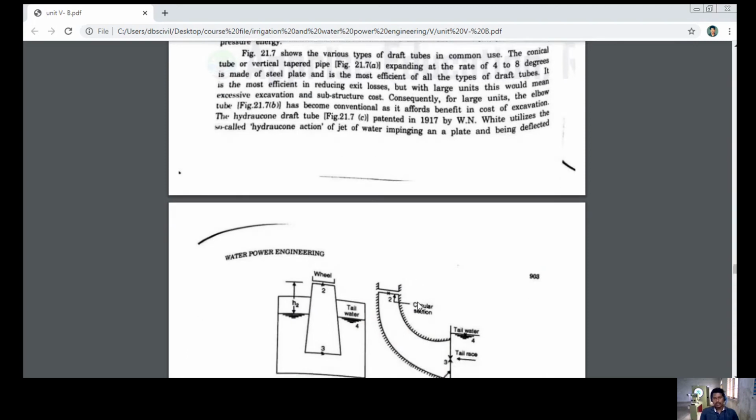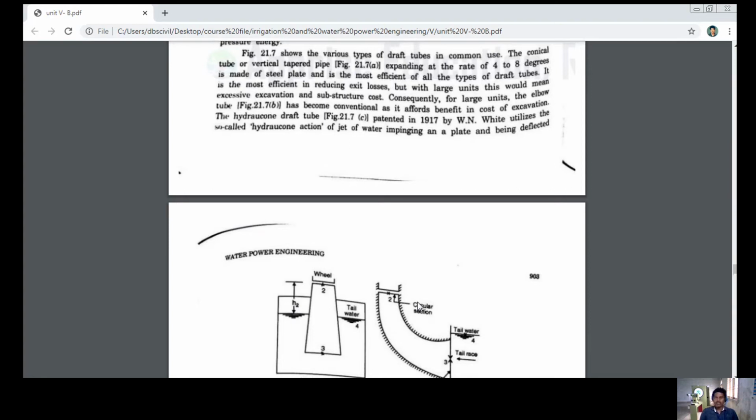These are the common types of draft tubes. The conical tube is a vertical tapered pipe expanding at the rate of 4 to 8 degrees. It is made of steel plate and is the most efficient of all the types of draft tubes, the most efficient in reducing exit loss.